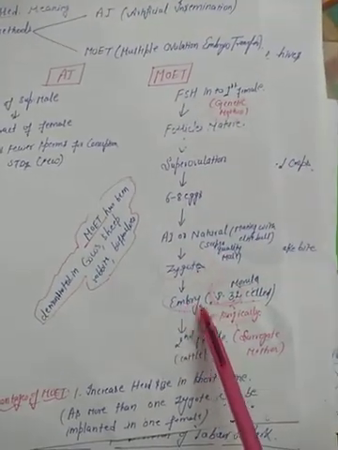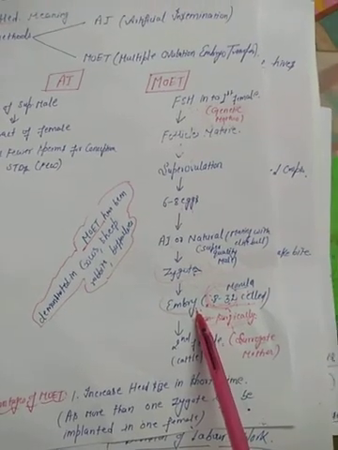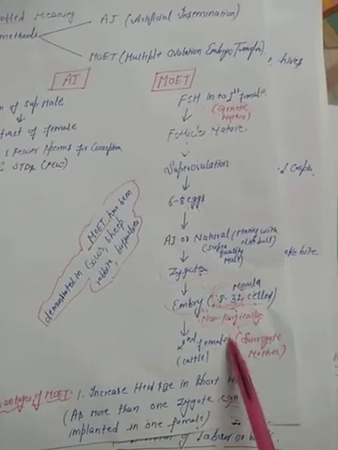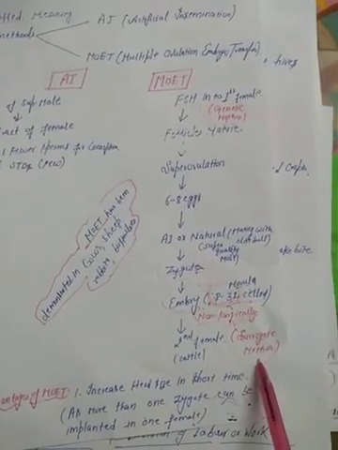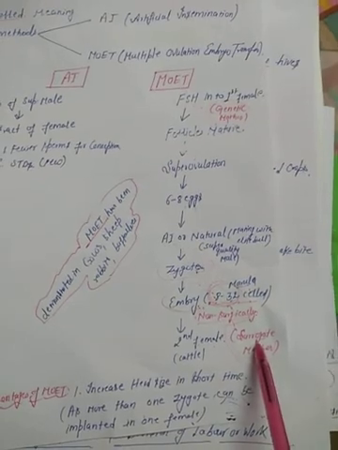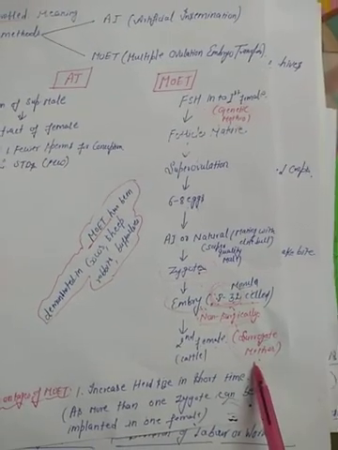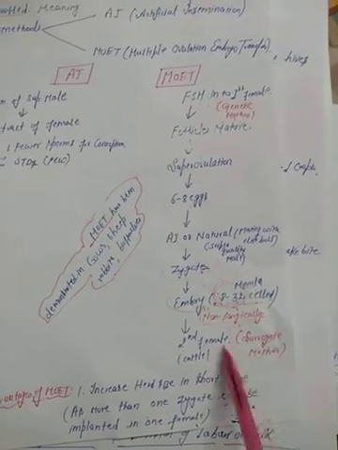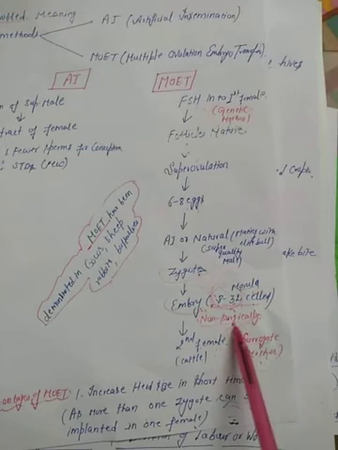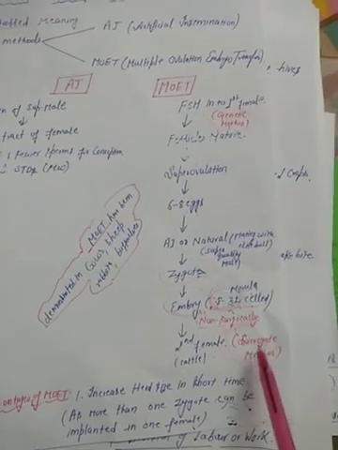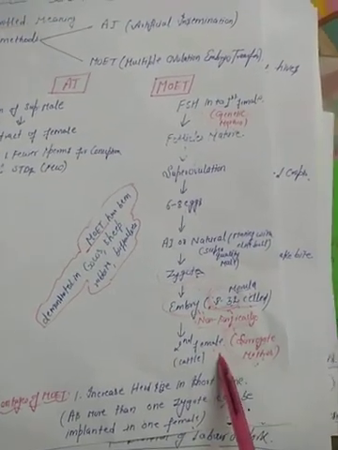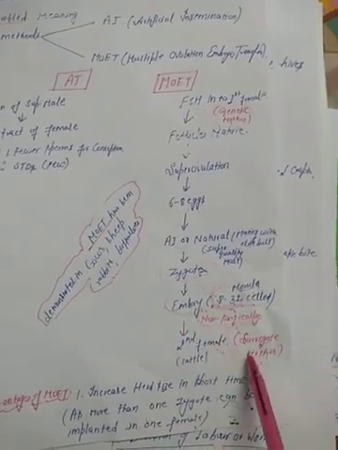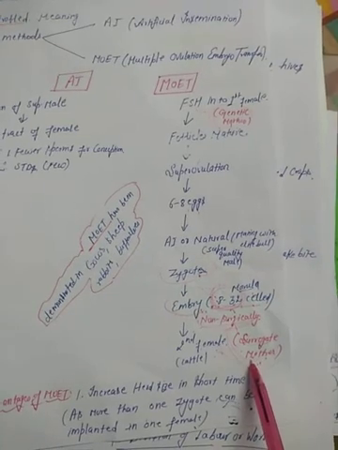And when these embryos are removed first of all non-surgically, they are transferred to the second female, who is called the surrogate mother. You might have heard the term surrogacy. The surrogate mother will only receive the embryos, and she will provide all the essential conditions in her womb till birth. All the further development of those embryos till the birth will be in the womb of the surrogate mother.